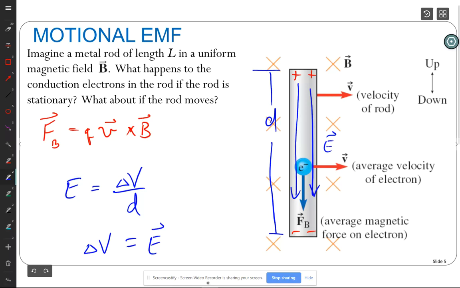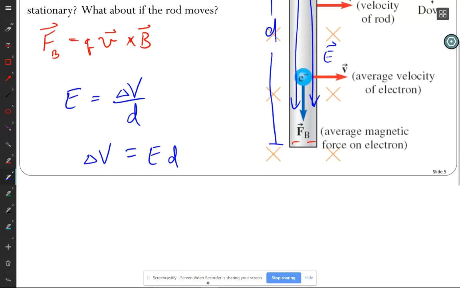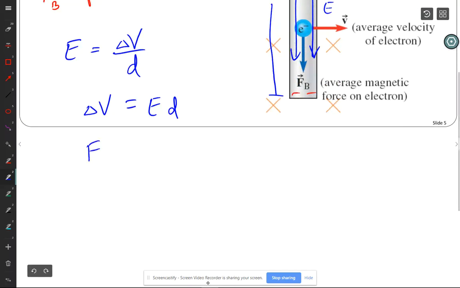Actually, I shouldn't have put a vector sign there because I didn't put it. The actual equation is like this, but because it's uniform, I can just make it like that. So I have voltage difference that's the electric field times D. And how does the electric field relate to force? If you apply a charge, isn't it force? And again, I didn't show the vector signs, but that's right.